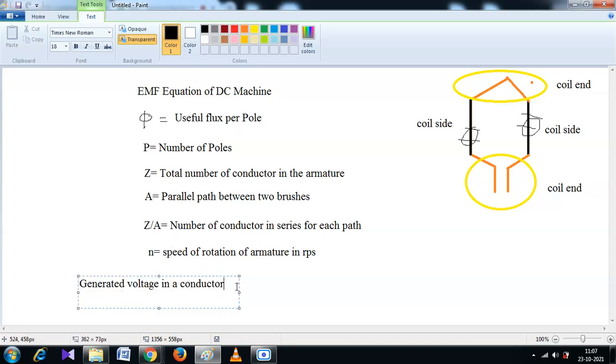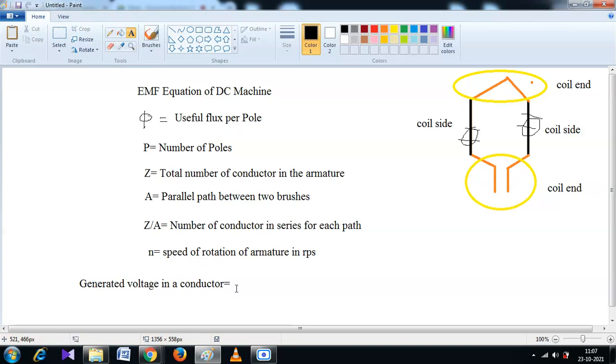By Faraday's law, we know how much voltage is produced. N d phi dt. Am I right? N d phi dt. Yes, sir.